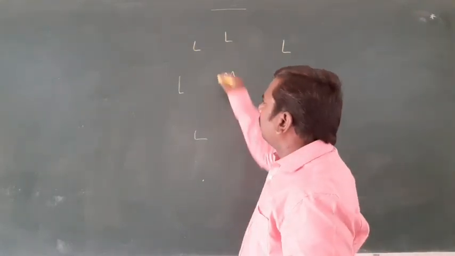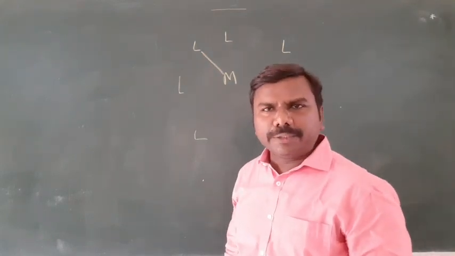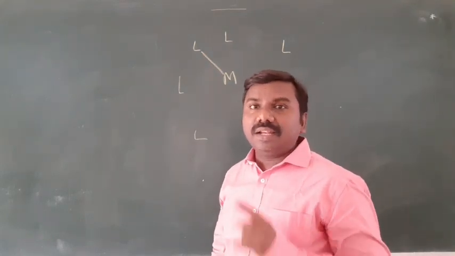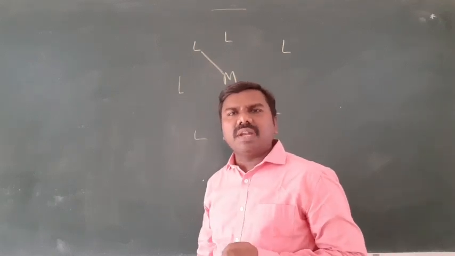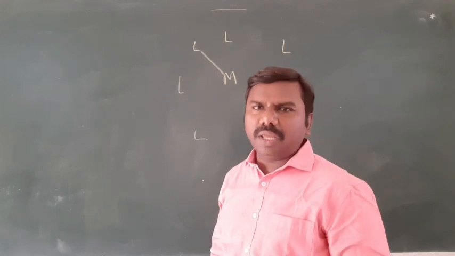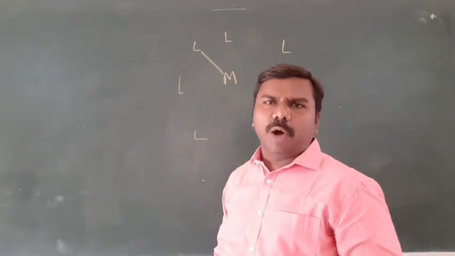Now, the bond between the ligand and central metal atom is a covalent bond. These are theories, remember. Valence bond theory was given by Pauling. According to him, the bond between the ligand and metal atom is a covalent bond.